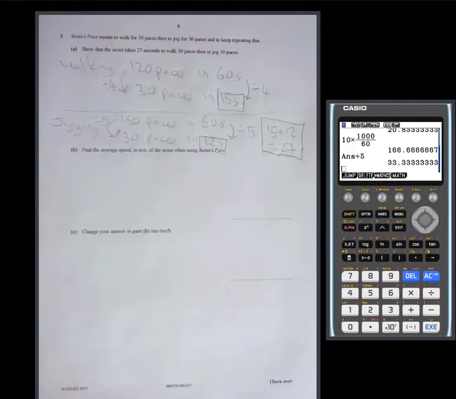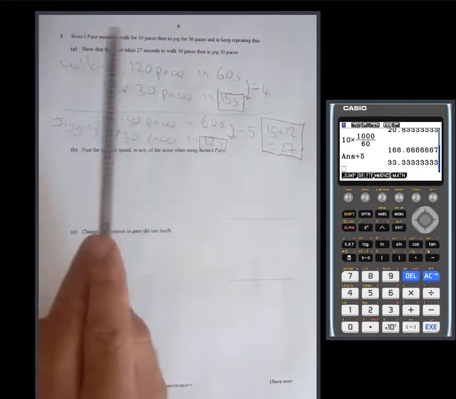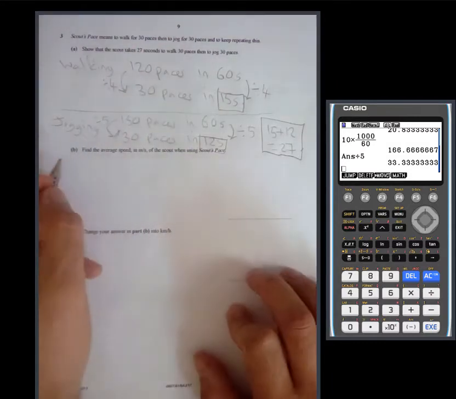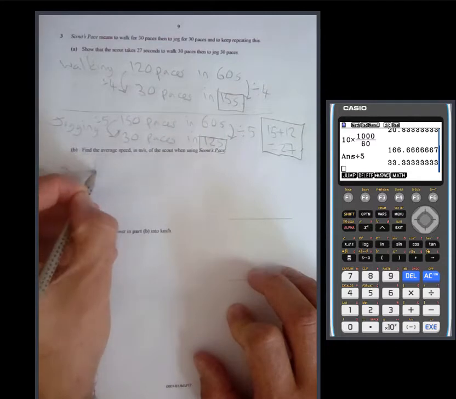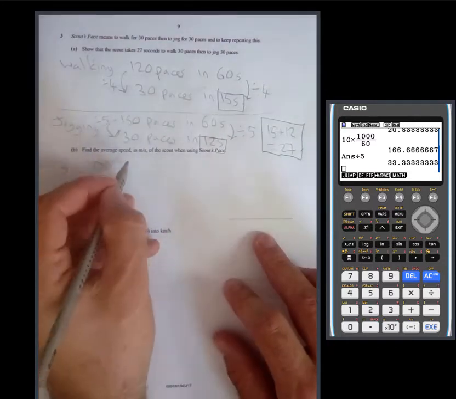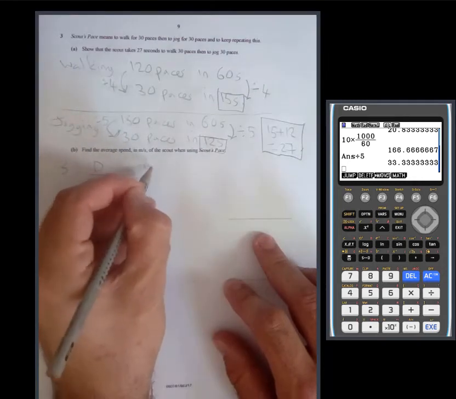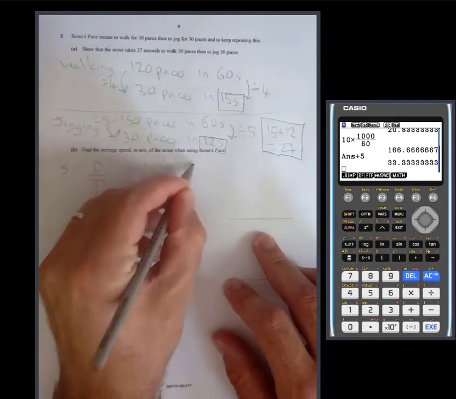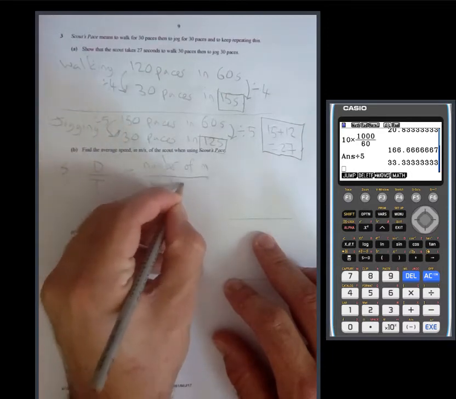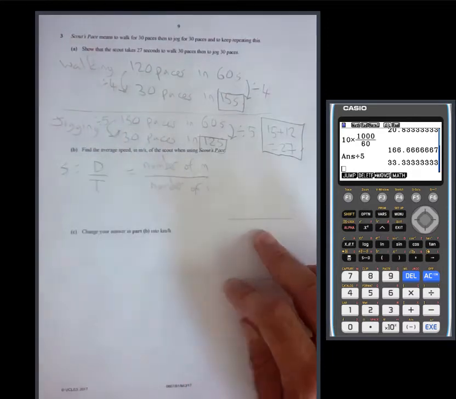Find the average speed in meters per second of the Scout when using Scout's pace. So remember, Scout's pace is to walk 30 paces and then jog 30 paces. Well, you know, speed equals distance over time, and we want it in meters per second, so hopefully we can do number of meters divided by number of seconds, and that's all we should have to do.